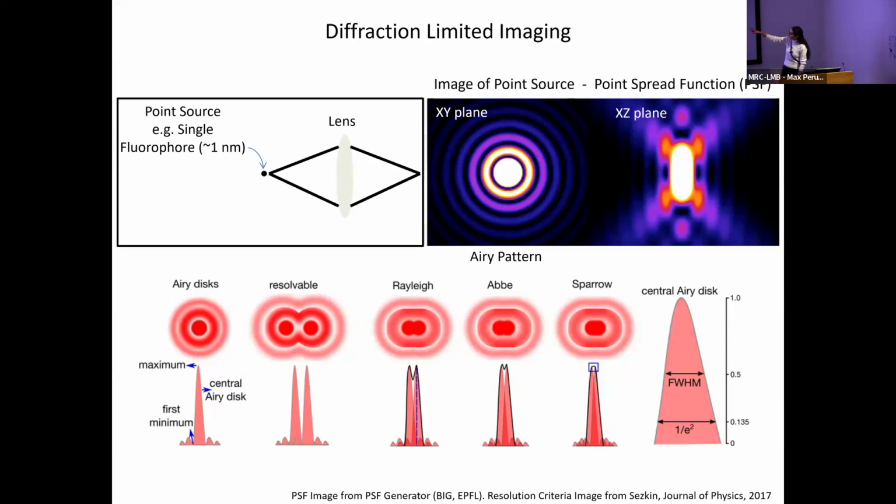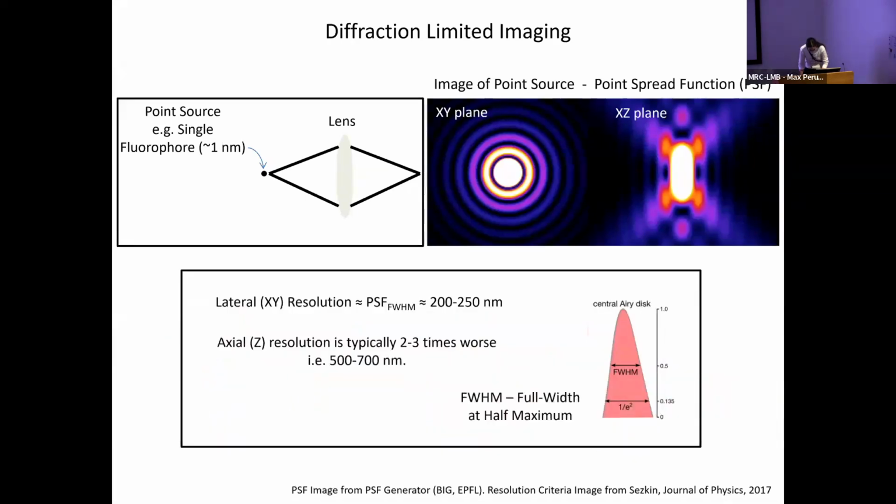There are various criteria to define this resolution limit: the Rayleigh, the Abbe, and the Sparrow. Those criteria describe resolution. Here I will concentrate a little bit more on the Abbe, because that's the one mainly used to define resolution in microscopy. So in the best condition, this is the resolution you can reach with light microscopy.